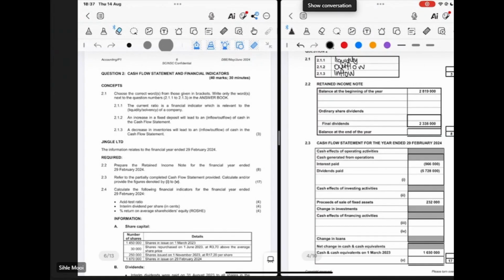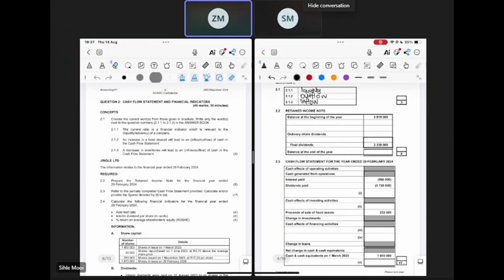It would be net profit after tax. Yes, net profit after tax is correct. What else could be? Yes, and shares repurchased. Yeah, shares repurchased.